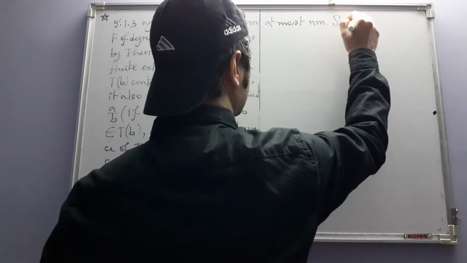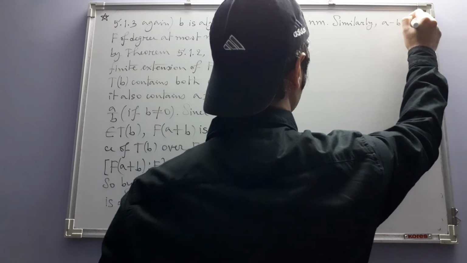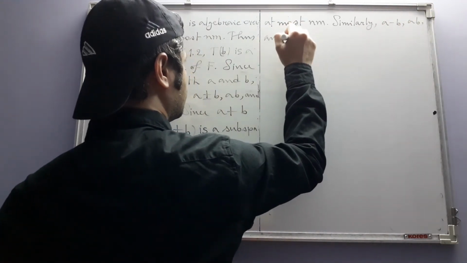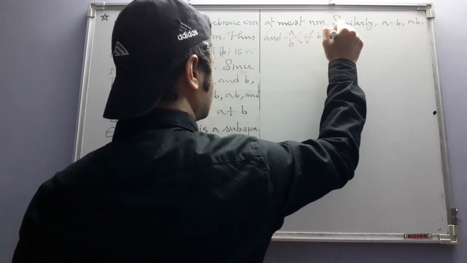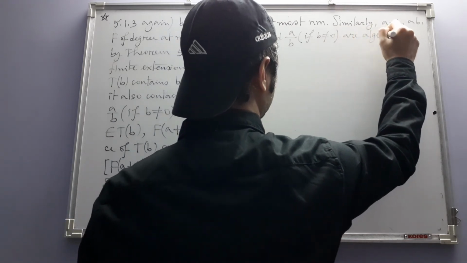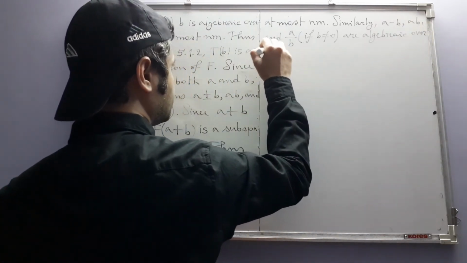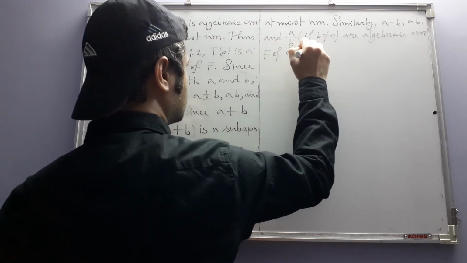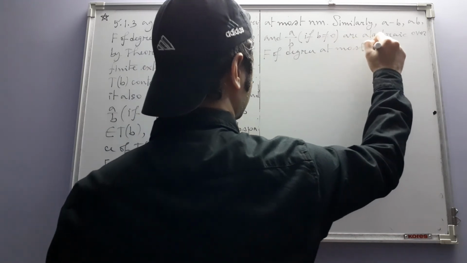Similarly, A minus B, AB and A divided by B are all algebraic over F of degree at most nm.